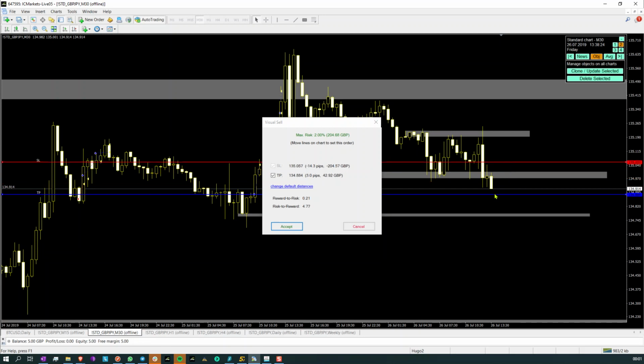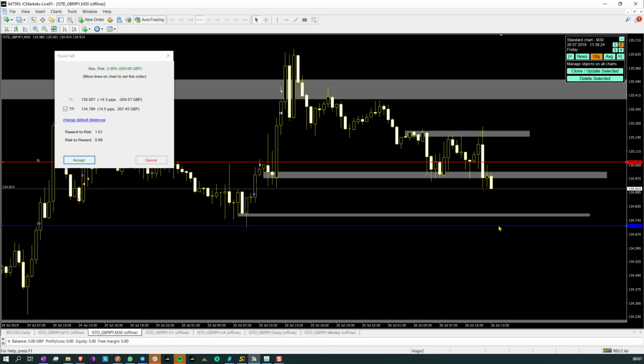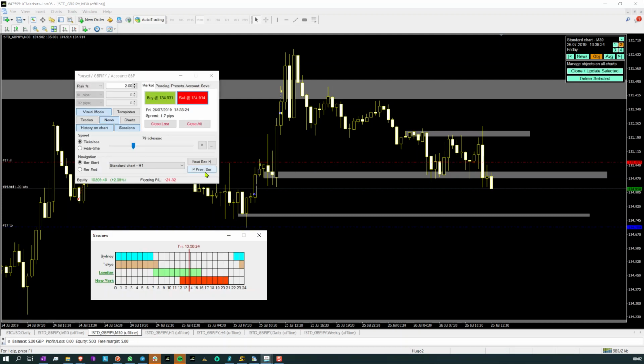That's 14 pips. And yeah, if I take 14 pips, I'm very happy. 14.3. I'll put the end of this week here. If I take this, anything above 14 pips, I'm happy.